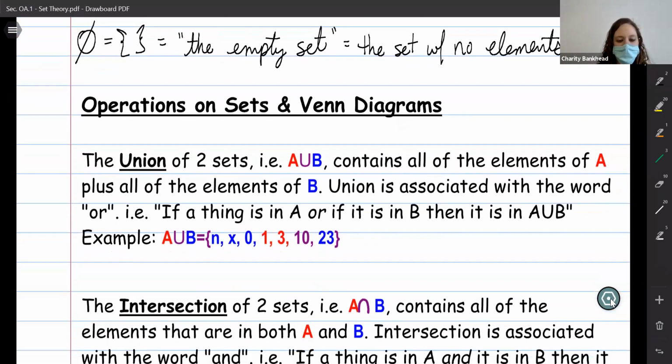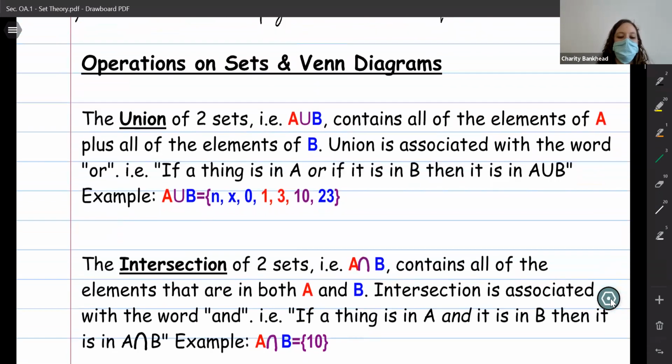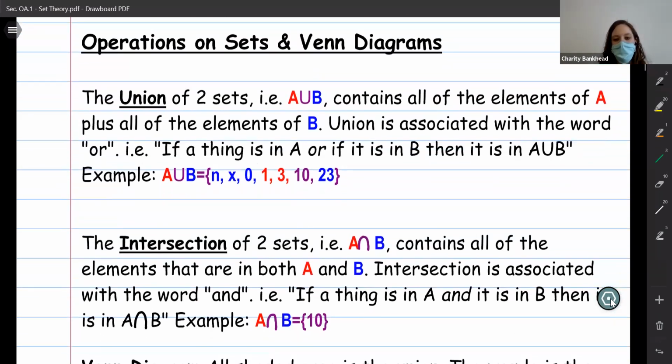The symbol for union looks like a U. Then you have intersection, and the symbol for that is the same symbol, but upside down. It kind of looks like an N, so N for intersection. That is the overlap of two sets, whatever they have in common.